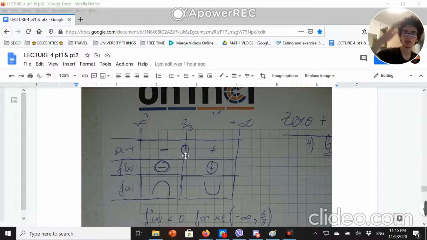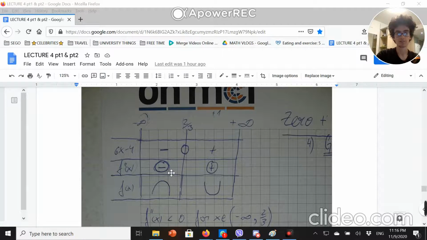Any value greater than 2 over 3 will give us a positive number. For example, number 2: 6 times 2 is 12, minus 4 is 8, which is a positive number.